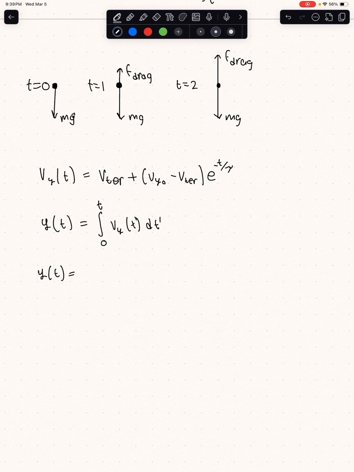Doing the integral of this, we're going to have v terminal times t plus v y naught minus v terminal here. And then the tau comes down like before when we solved for x. And this is going to be 1 minus e to the negative t over tau.